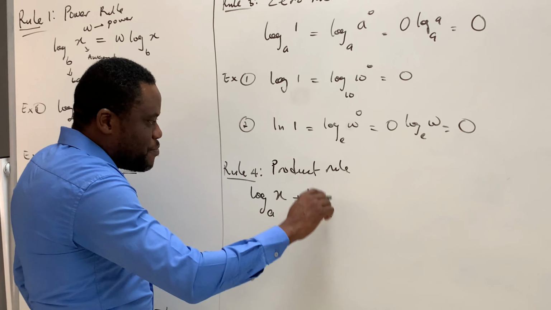Let's say we have log in base 2 of 8 plus log in base 2 of 4. Following the rule, log in base 2 is common. I choose one. So I have log in base 2 of 8 times 4. And 8 times 4 is what? 8 times 4 is 32.